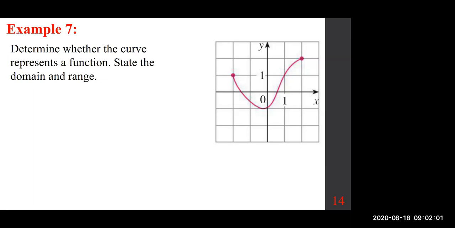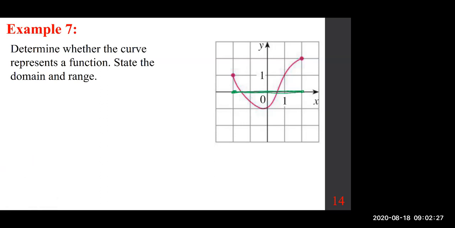Now, as far as the domain and range is concerned, I'm looking at this point, and along the x-axis what we cover, this much. So we cover from -2 to 2. Let me use a different color. That is for the domain. Let me use a different color for the range.